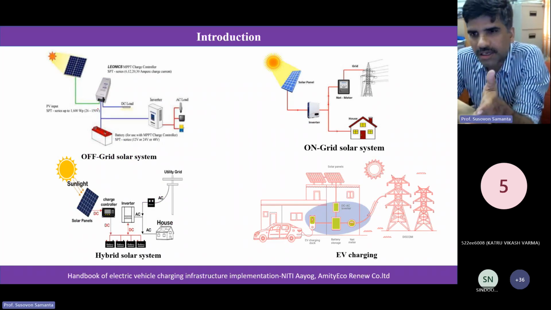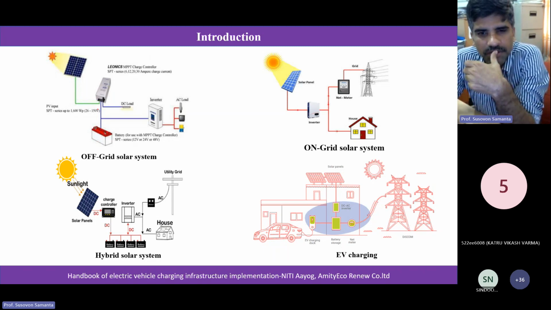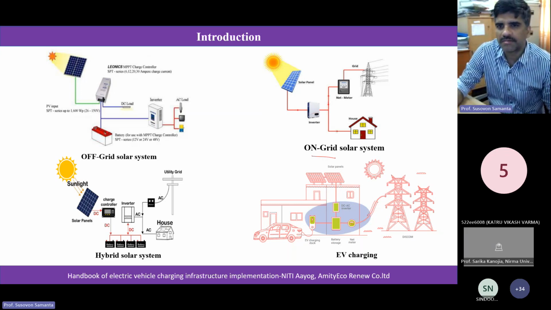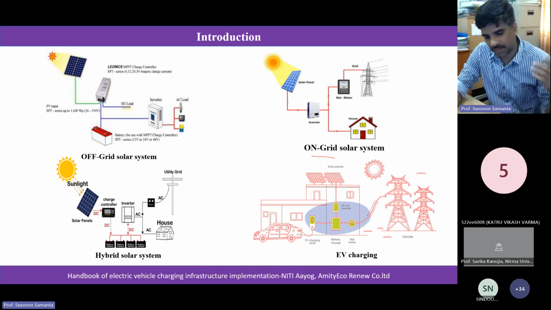I think there is no need of any introduction of the MPPT technique, because if you see the different applications nowadays, you may have the on-grid solar system where you are using the net metering. You install the solar panel in your rooftop, and then you are supplying the power to the grid directly.